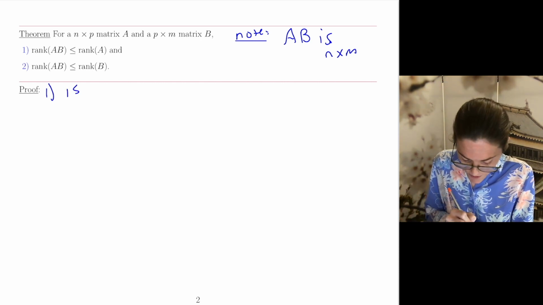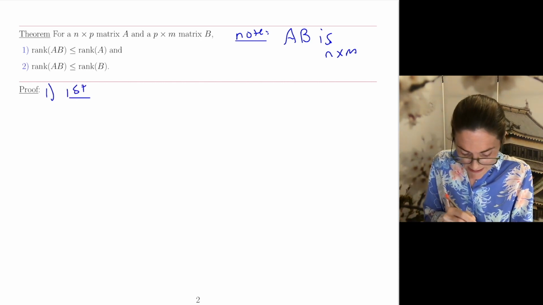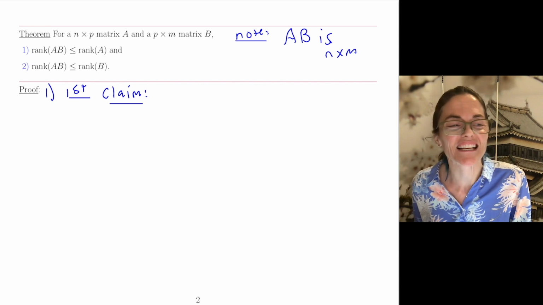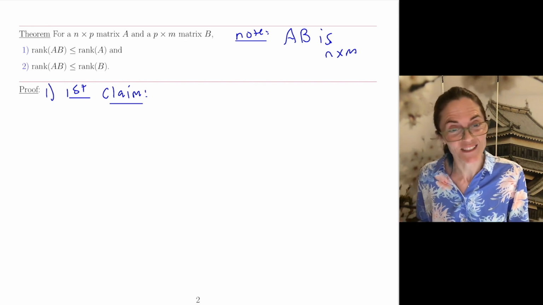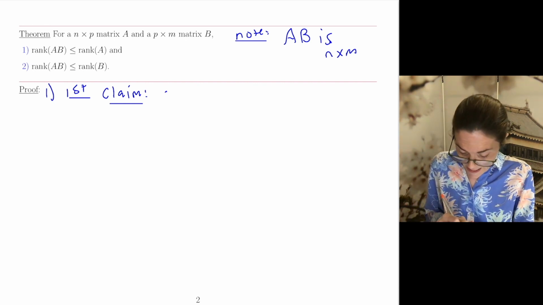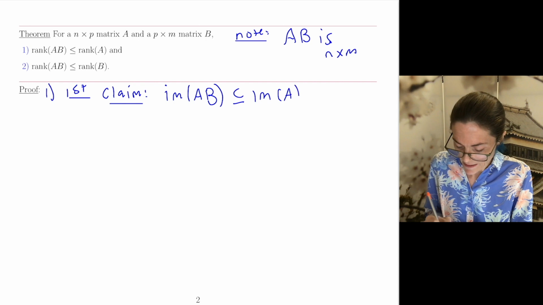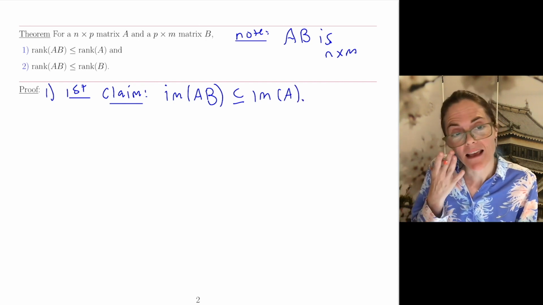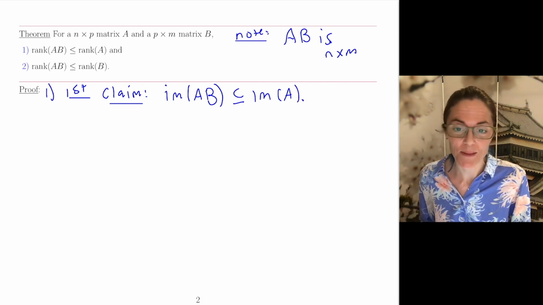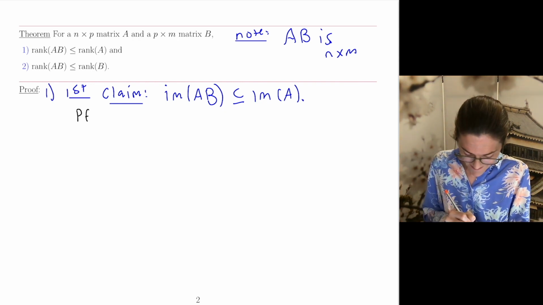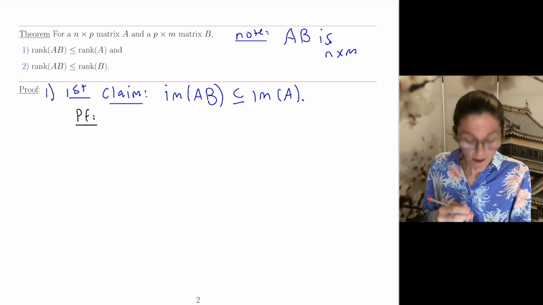So first, I need to make a claim. This also was in homework, but for the purposes of this video, I will justify it here too. My claim: the image of AB is contained in the image of A. In fact, once we have this, then we can justify one almost immediately. So to prove the claim, well, this is about containment.